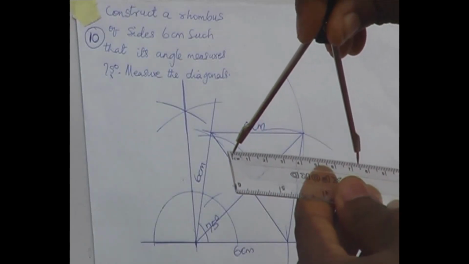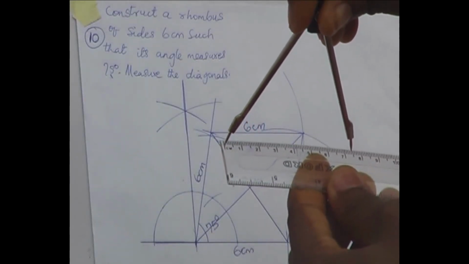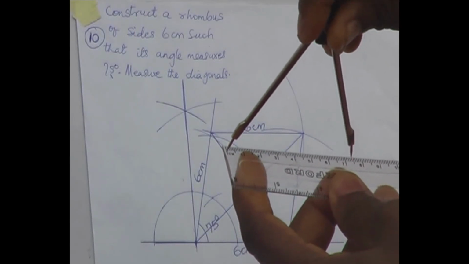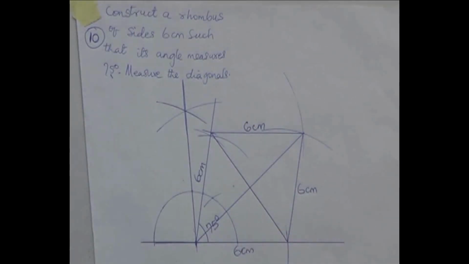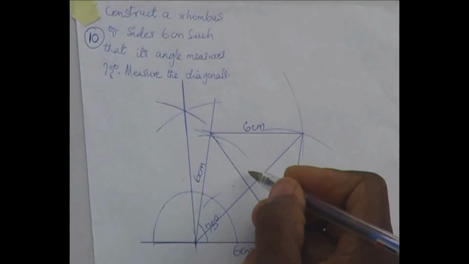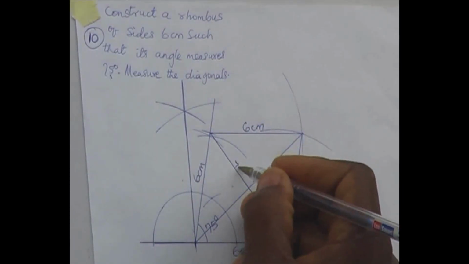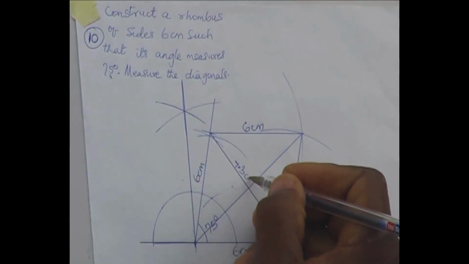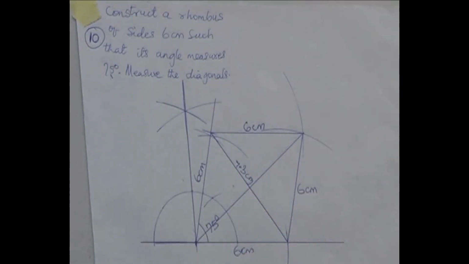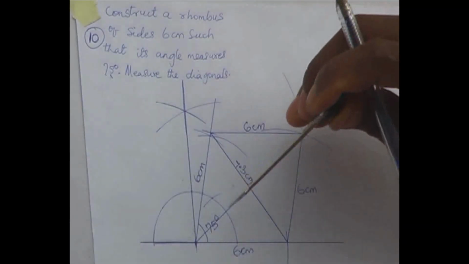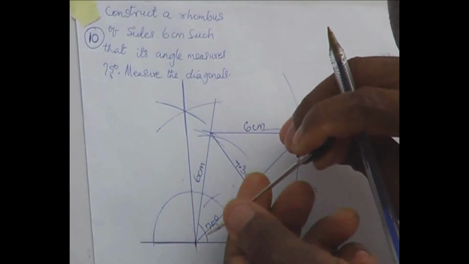This first one is giving me 7.3. So that means this diagonal, this one is 7.3 centimeters.